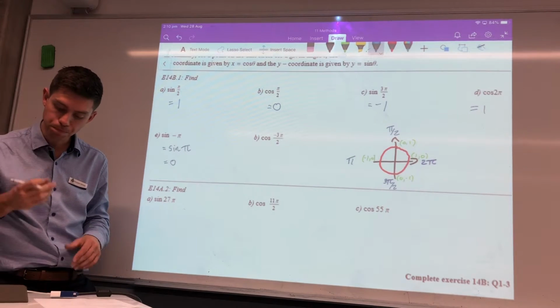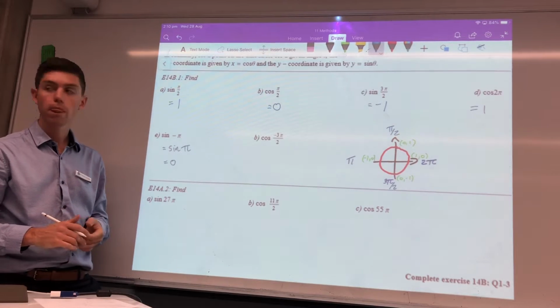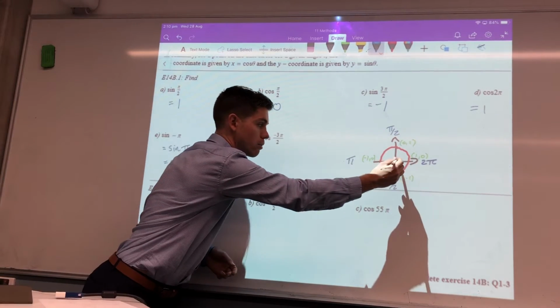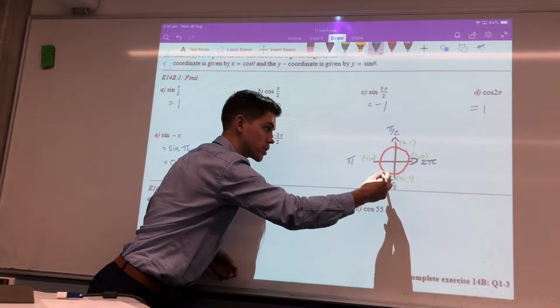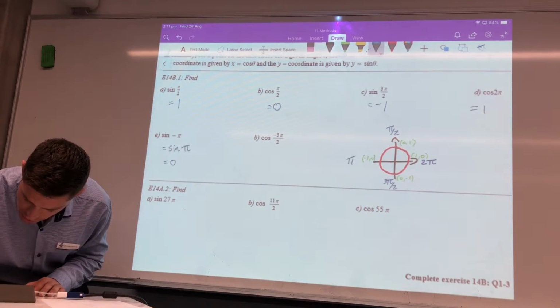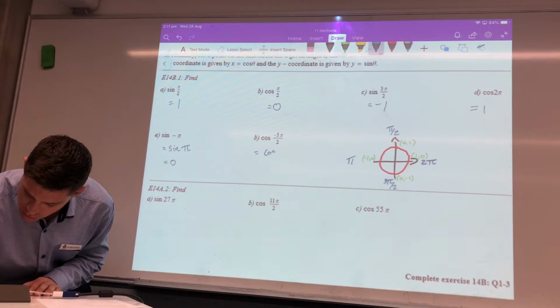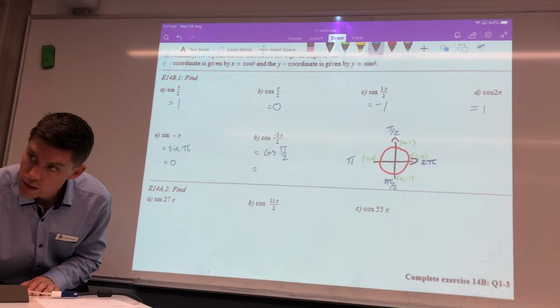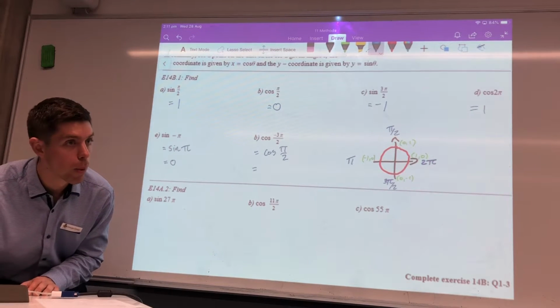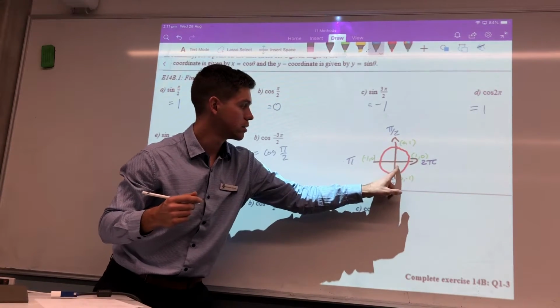And lastly, cos of -3 pi on 2. So if we sweep an angle of 3 pi on 2 in the clockwise direction, we end up at pi over 2. So we could say that cos -3 pi on 2 is the same as cos of pi on 2, which is 0. The x coordinate at this point here is 0.